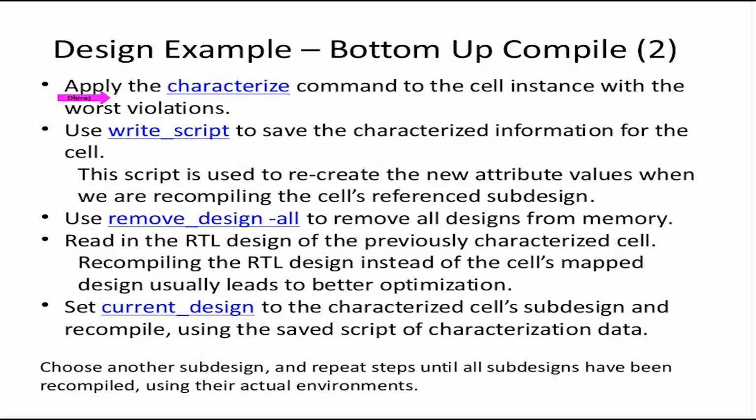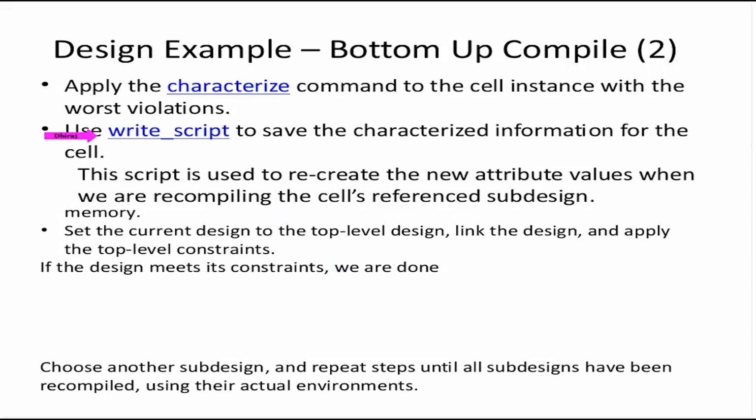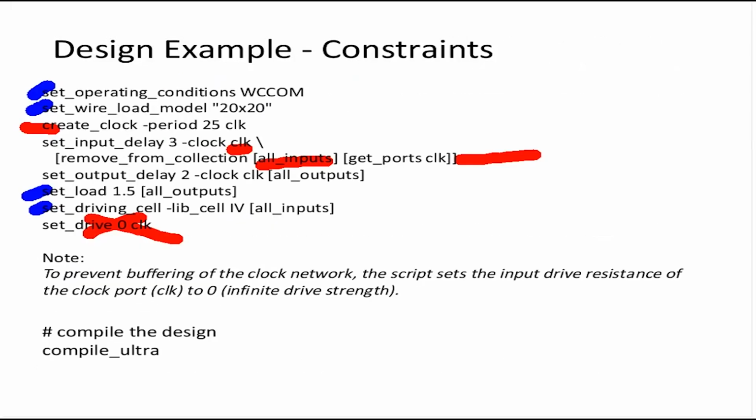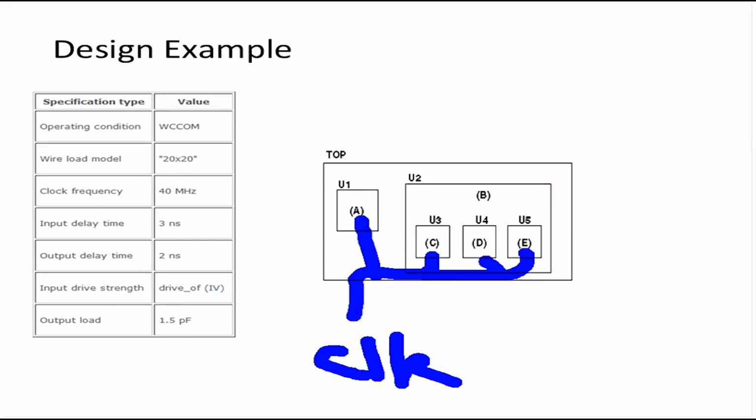So now the characterize command will enable DC to extract the input and output delays, for example, for each of the subdesigns, and we can use the write script command to write these values. Let's say I write out a script for design C. I say write script for this design after issuing the characterize command.